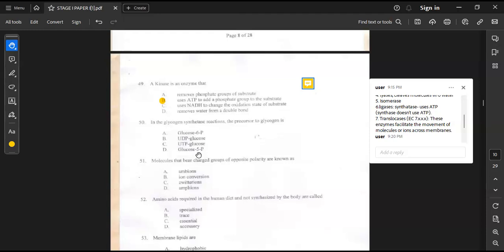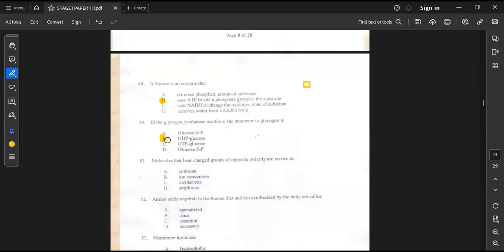I think it's UDP glucose. And the first one would be for the glycolysis pathway, right?